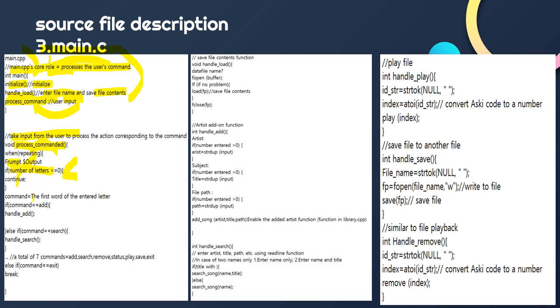And compare the first word of the entered letters with the command. If the command is add, handle add; if the command is search, handle search, a total of 7 commands like that. So add, search, remove, status, play, save, exit, like that. If the command is exit, break.